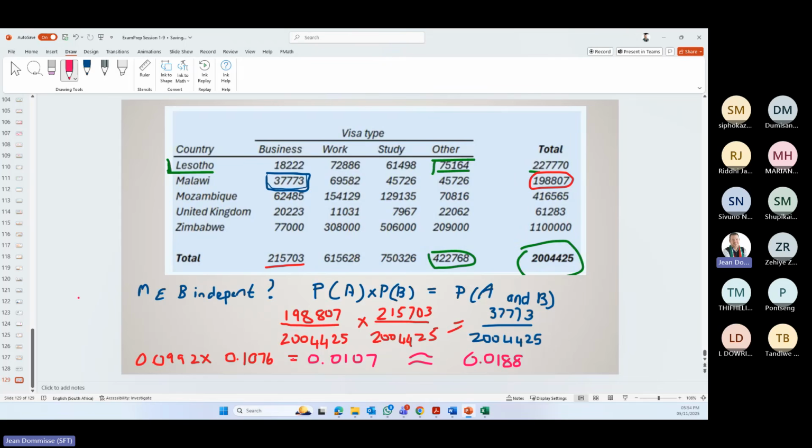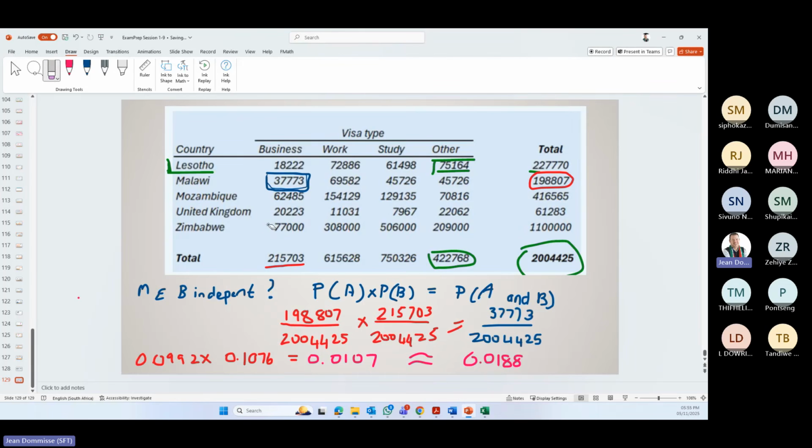Then the other one that is very seldom in a table, I think we saw it in one of our other preps, is if, let's say, this number wasn't there and it was 0. Whenever there's a 0 in a table, that will then mean Zimbabwe and business, because it's a 0, are mutually exclusive. If there's a 0 in a table, it's not a mistake.